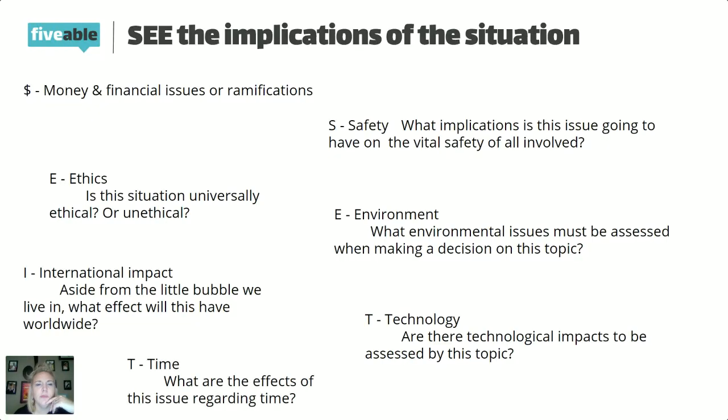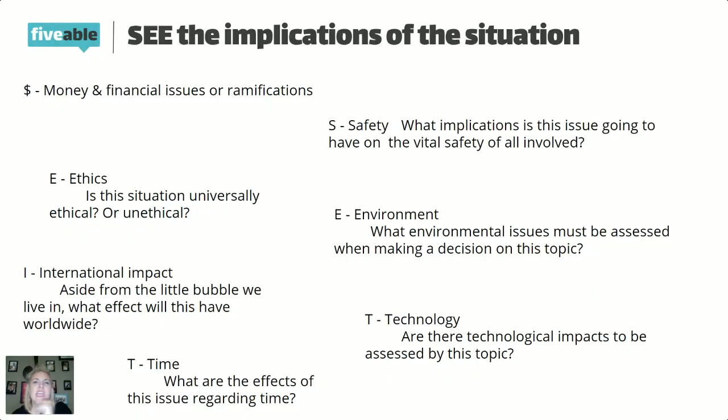I always suggest to my students that they pick a couple of these ideas to focus on, based on what sticks out to them on that topic. So in this particular case, maybe you would talk about money, ethics, and environment. When you're thinking, what is my argument? Am I for it or am I against it? Then you can talk about the implications or the ramifications.